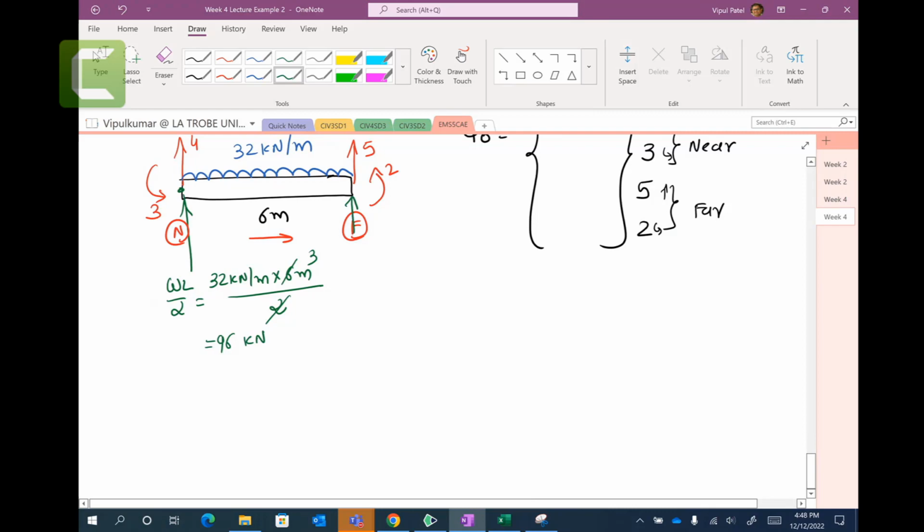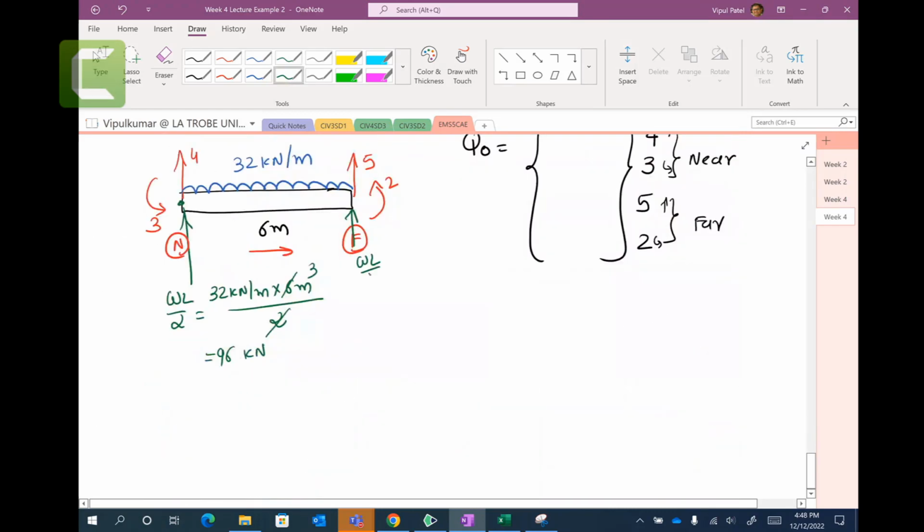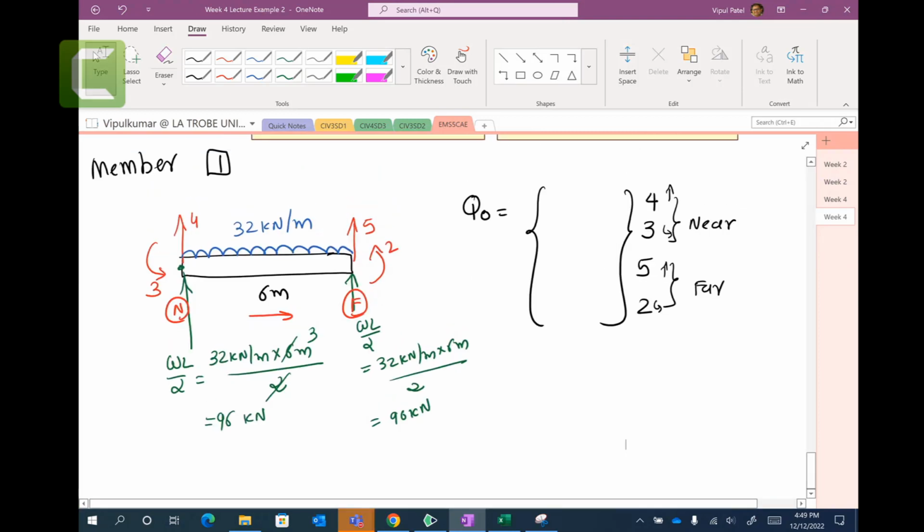And similarly here, WL on 2, 32 kilonewton per meter times 6 meters on 2, we get 96 kilonewtons. So 5 and 4 is done. Number 4 going up, 96 kilonewtons. Number 5 going up, 96 kilonewtons.